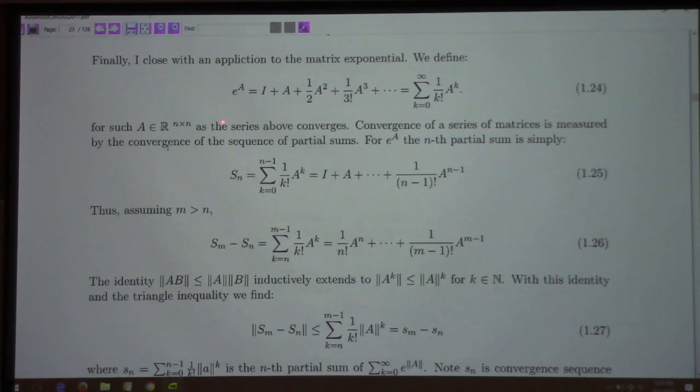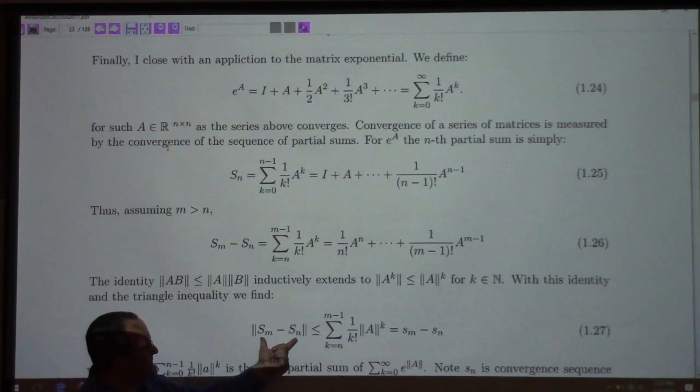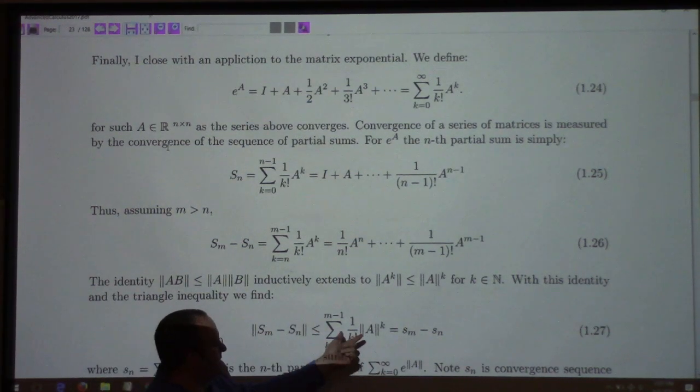Okay, so here, this matrix exponential, how do we know it converges? We can look at the sequence of partial sums for the matrix exponential, and I can show with this little calculation the norm of the difference of the nth partial sum Sn.